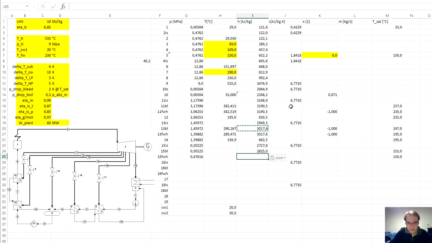And during throttling, during pressure drop, when the system is insulated, the enthalpy stays constant. We can add the temperatures. And we see that we are still at the turbine outlet with the turbine bleed at the superheated state.